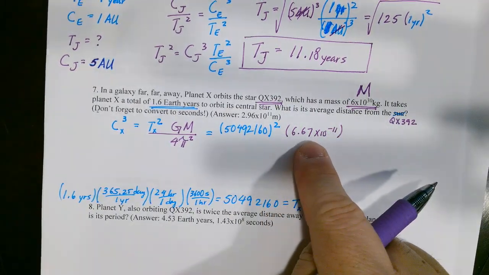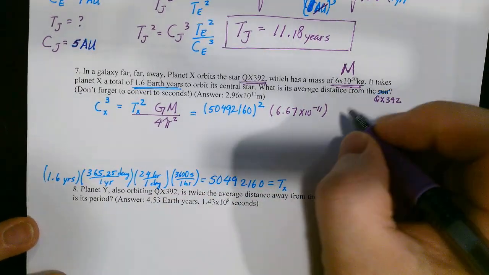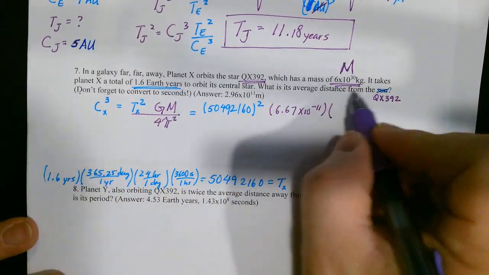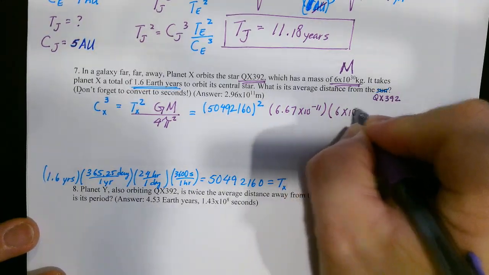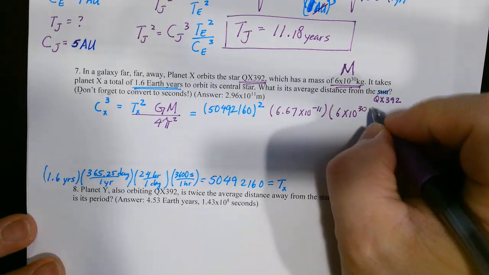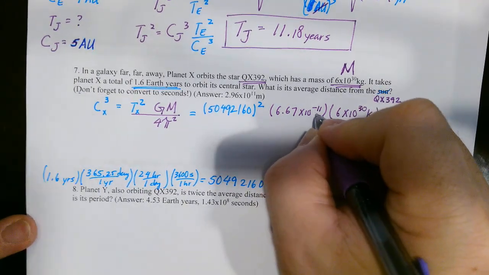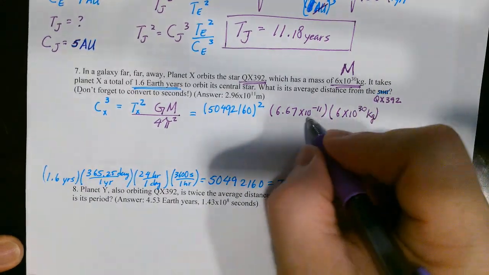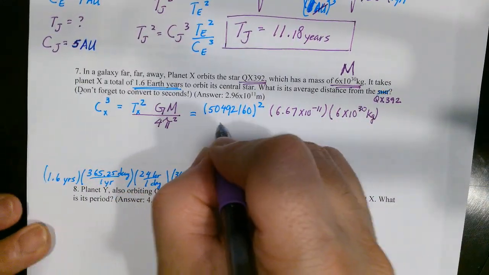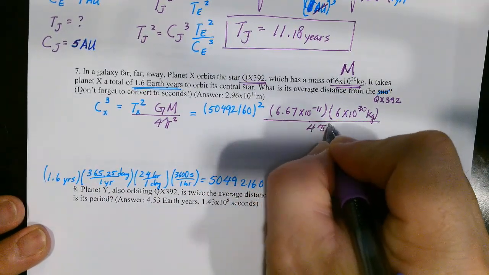This is always going to be the value. This value does not change. The mass of this central star, or the central mass, is 6 times 10 to the 30th kilograms. This is a huge unit, like it's newtons times meter squared per kilogram squared, so I'm not going to write that in there. Whole thing divided by 4 times pi squared.